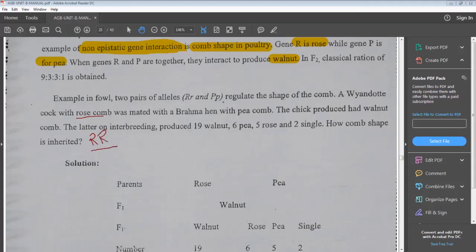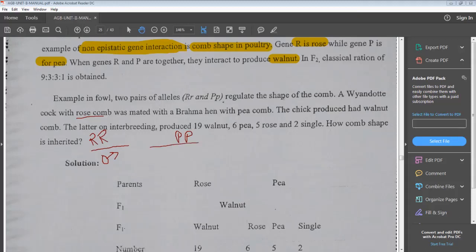This capital R male is mated with the Brahma hen, which has pea comb, meaning capital P's.